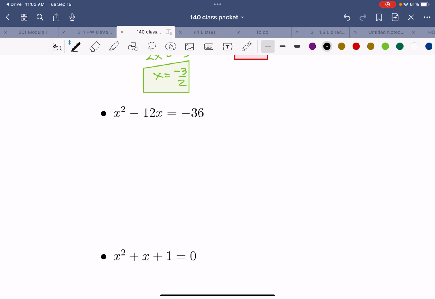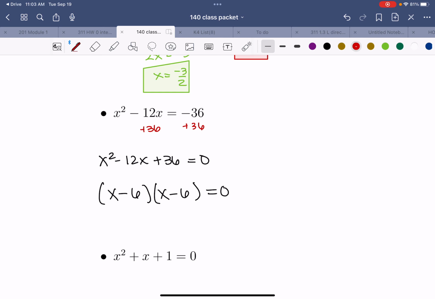In the next one, let's try factoring this one as well. So let's set it equal to 0 by adding the 36 to both sides. That's going to give me x squared minus 12x plus 36. And I'm looking for two numbers that multiply to 36 but add to negative 12. And I think 2 negative 6's will do it. So x minus 6 times x minus 6 equals 0.